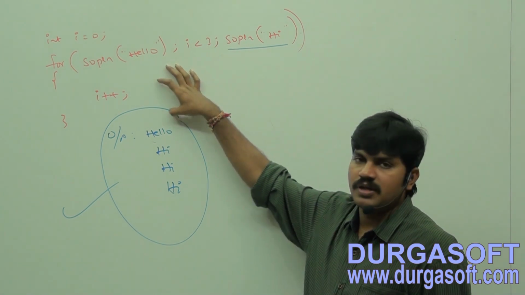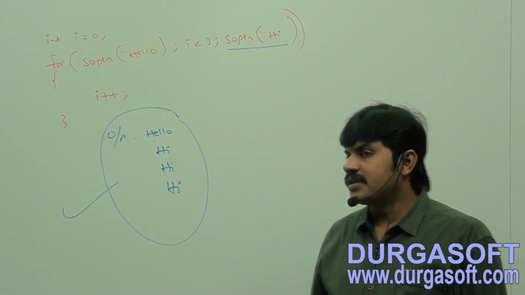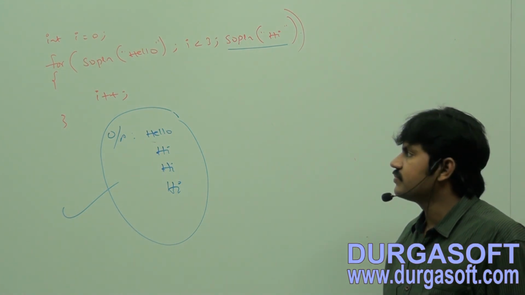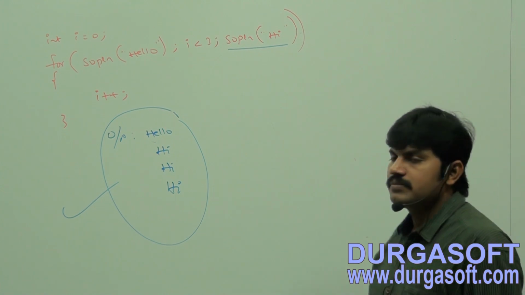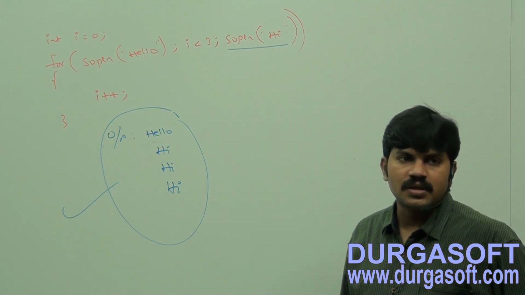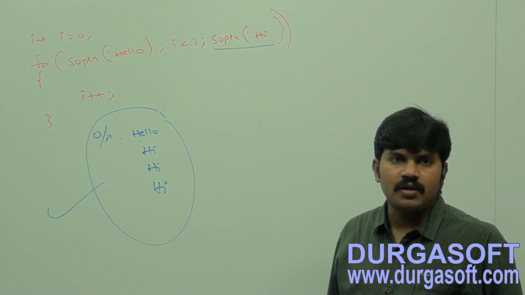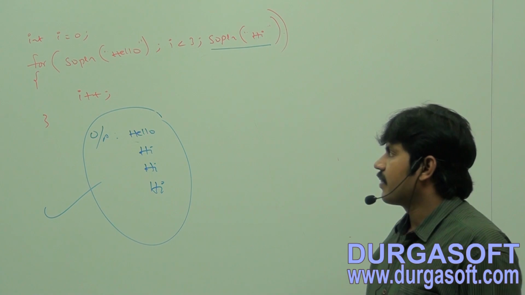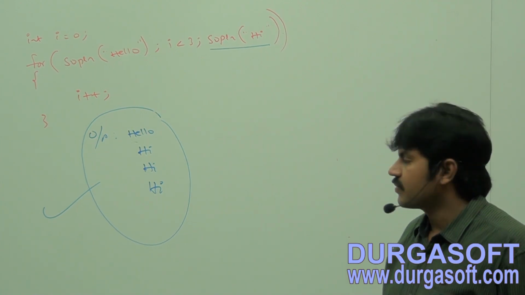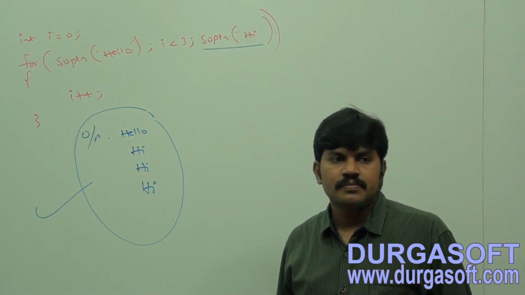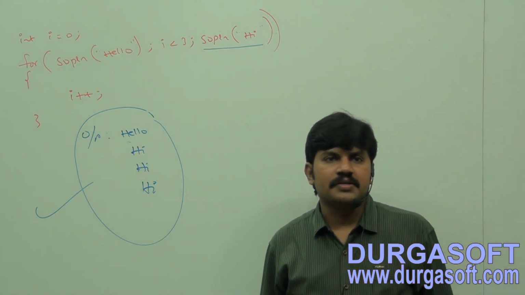Take this example. int i = 0; for SOP of hello; i less than 3; SOP of hi; i++. The output will become hello, hi, like. So that is the output we are going to get.